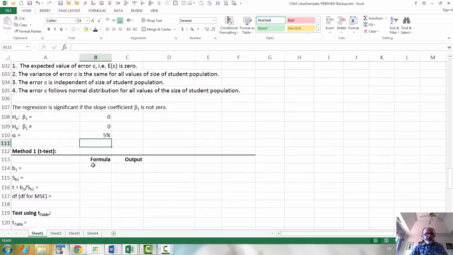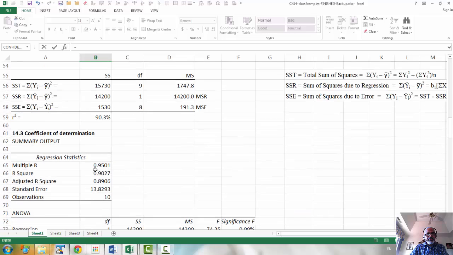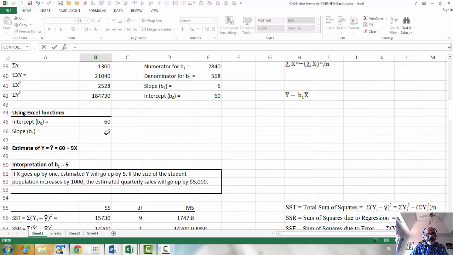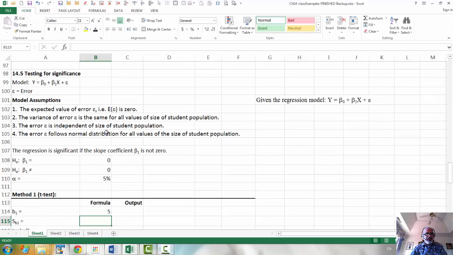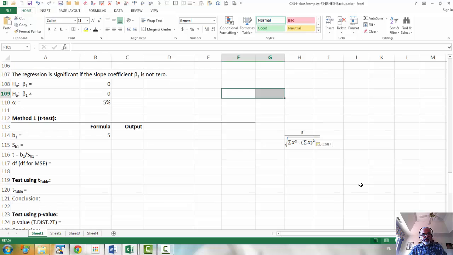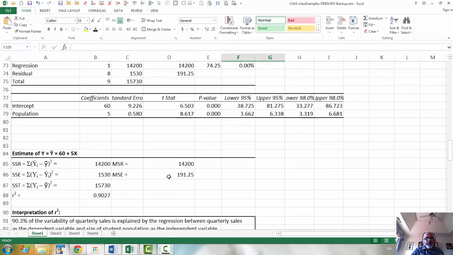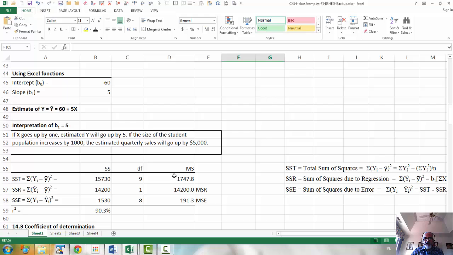We can either use the formula or the regression output. For the formula, B sub 1 we have already computed, using the formula right here. Now S sub B sub 1, the formula is given by this, and the S here is the square root of mean square error, and this denominator is the square root of the denominator that we used here.